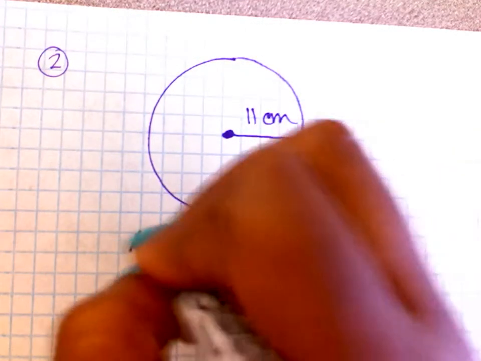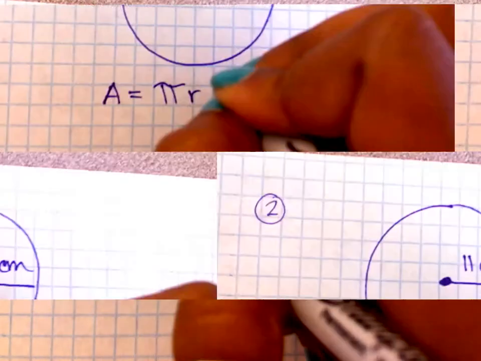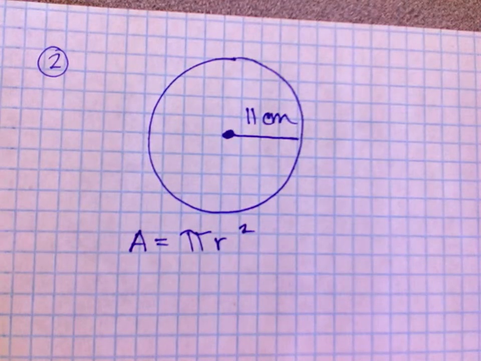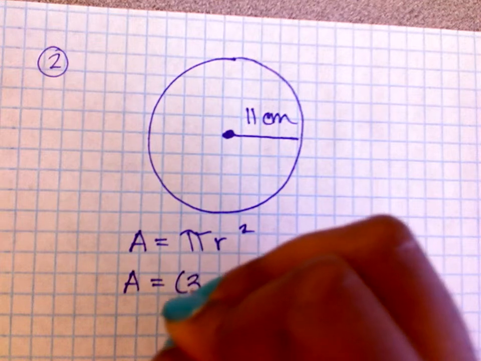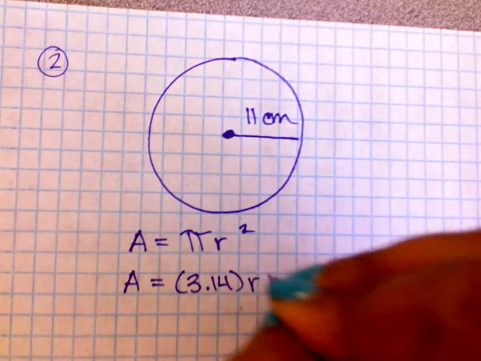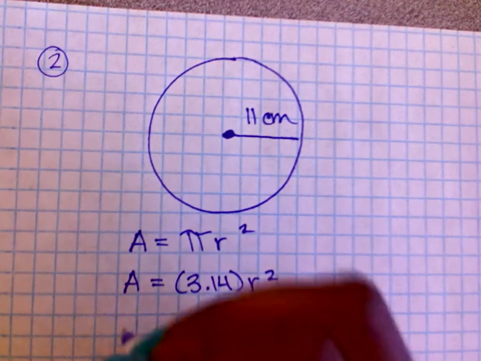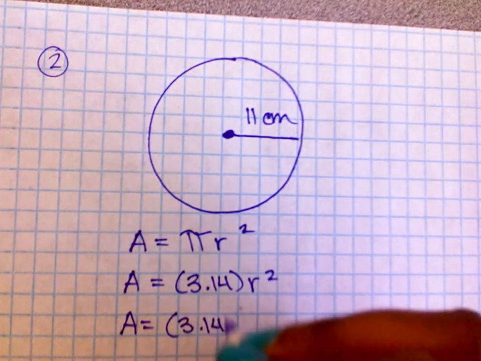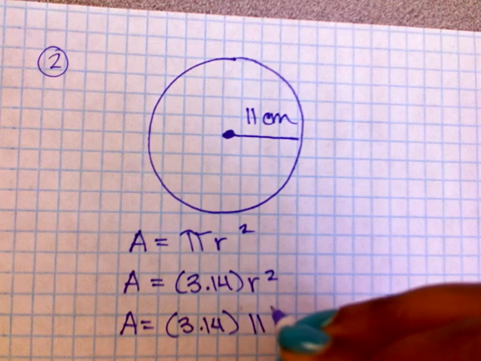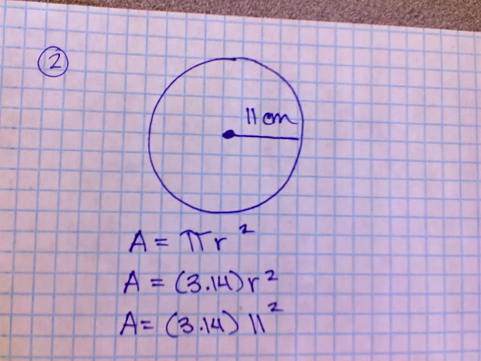So let's write the formula. Area equals pi r squared. The first thing we're going to do is replace pi. 3.14 r squared. Area equals 3.14, the radius is 11 squared.